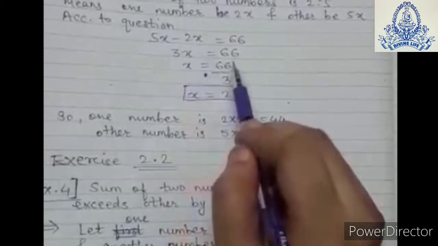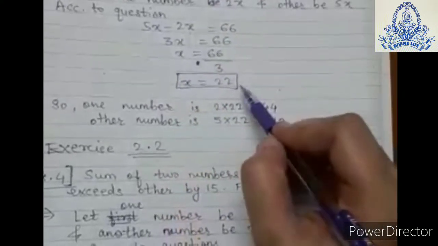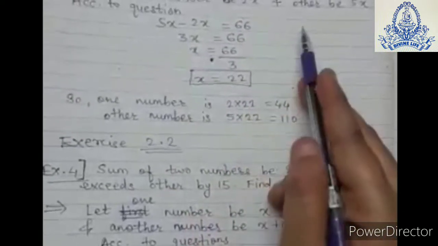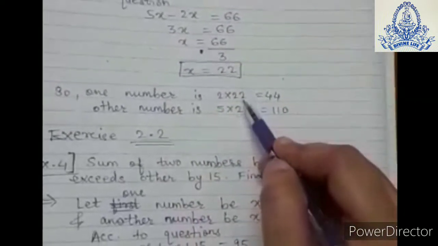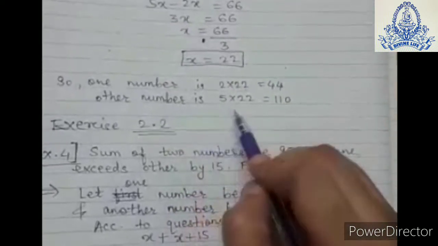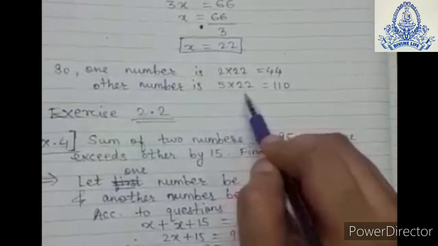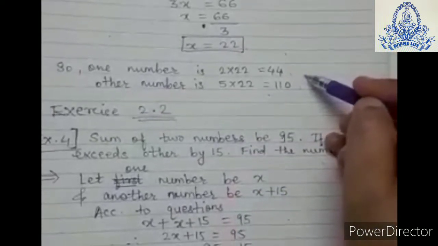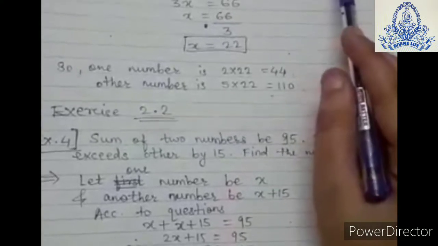So x is equal to 66 upon 3, that is 22. One number is 2x, so we put the value of x: 2 into 22 is 44, and the other number is 5x, so 5 into 22 is 110. So these are the two whole numbers we required.